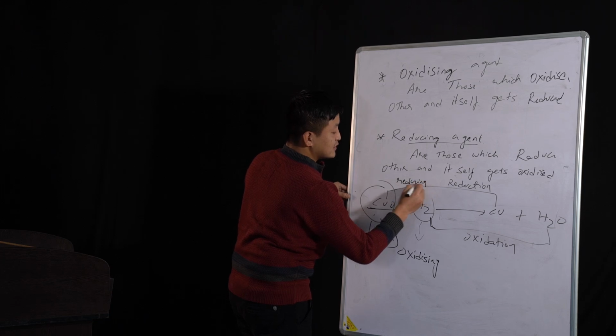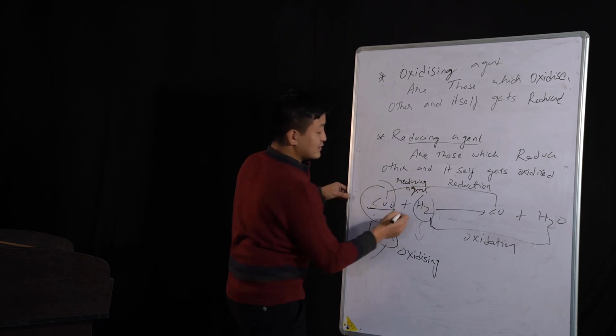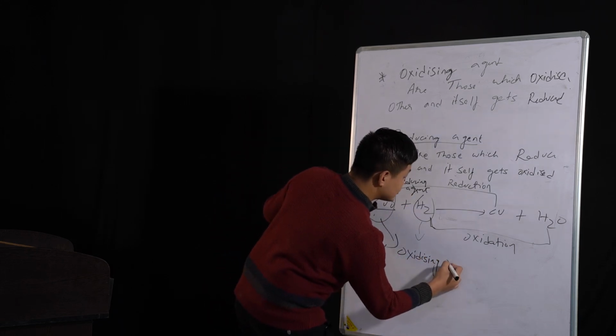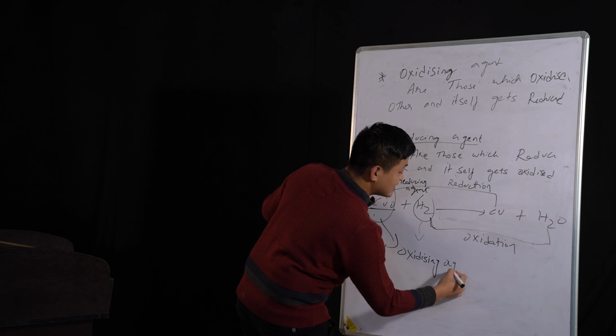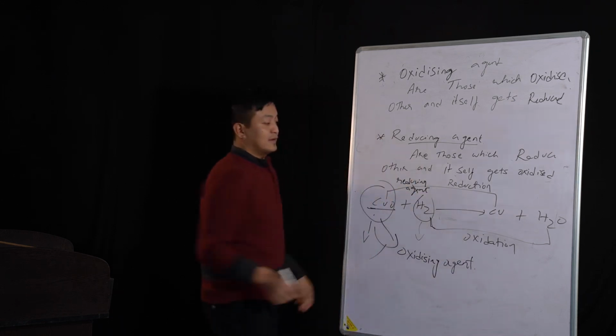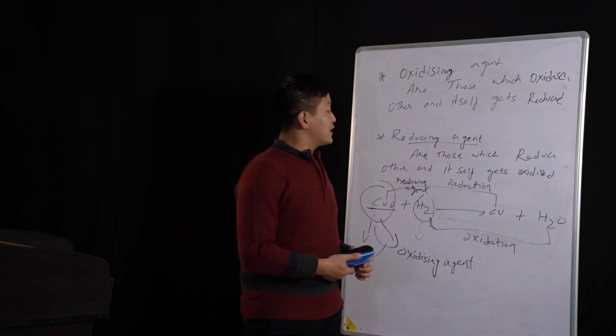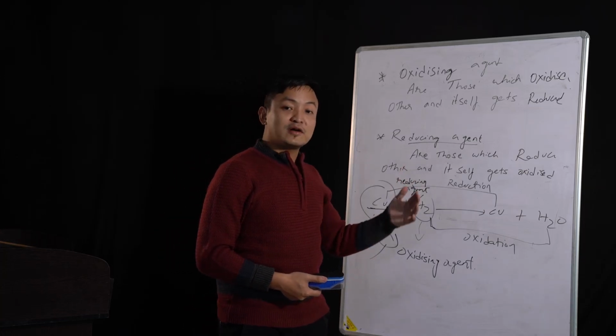I have written here, this hydrogen is a reducing agent, and cupric oxide here is an oxidizing agent. So please note down, and if you are clear with this topic, we'll go to our next topic.